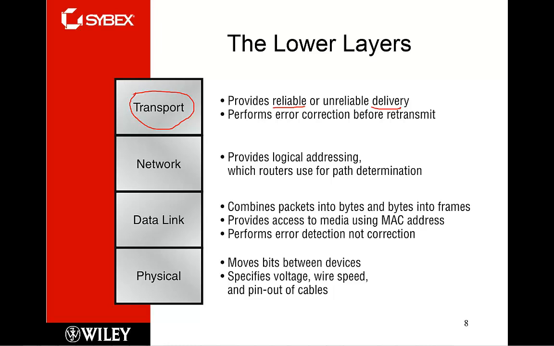Let me also tell you that for email and web traffic, we normally use TCP, and TCP is what we call that transport layer that's reliable. Now, that's not the only way to send data. Let's suppose you're into gaming, and you're like a gaming animal, and all you care about is the number of milliseconds that you have to wait before you see part of your opponent's screen.